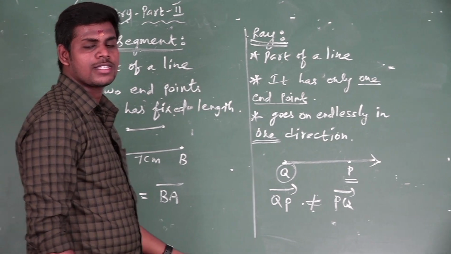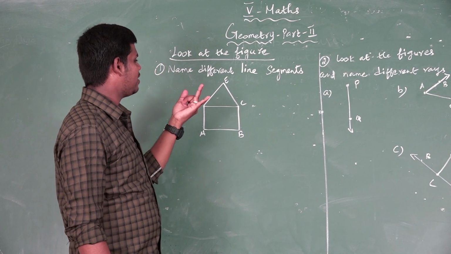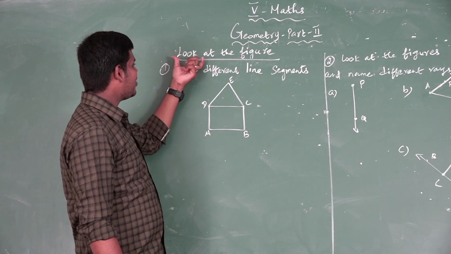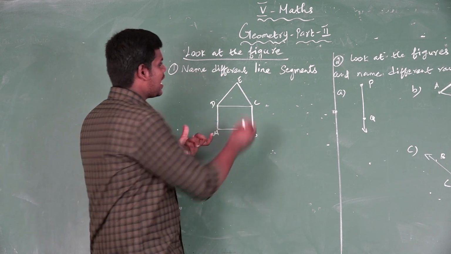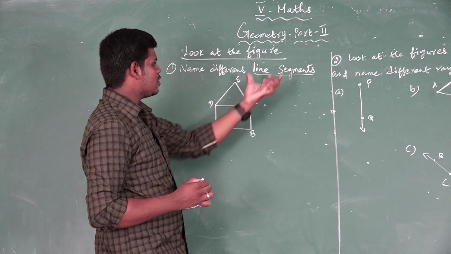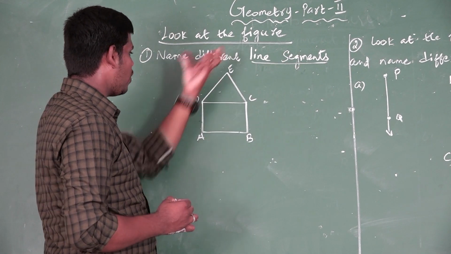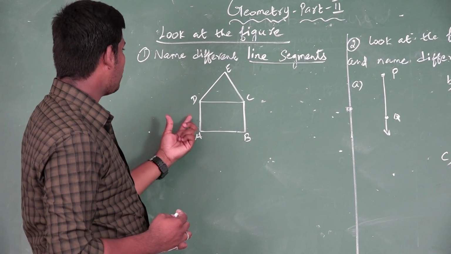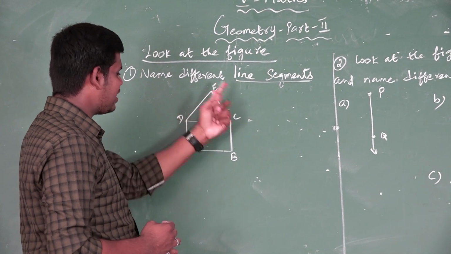Are you understood, students? Next we will see line segment and ray based problems. Here given, look at the figure. Name the different line segments. I already explained to you line segment. So we want to consider the different line segments you are forming in the figure, and write them here. They are represented with alphabet letters.